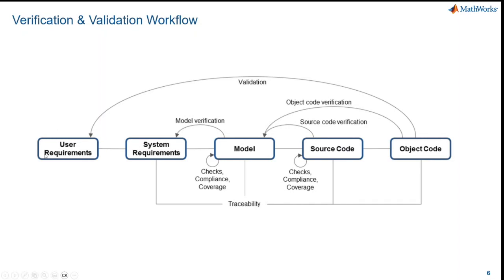You can see the first step, user requirements, the system requirements, the model, the checks, the compliance, the source code. If you have many domains such as electrification, electronics, pneumatics, and others, multiple domains working together, you need to see all this process together. And the object code, okay?